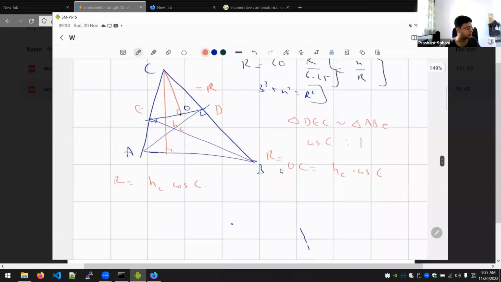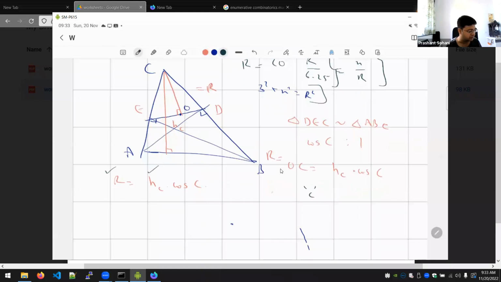Okay, and now out of this, we are interested in finding capital R. We already know HC. So if we find cos C somehow, then we are done. And what is the information we know? We don't have HC or R, we have the length of the opposite side. Small c is given to us.